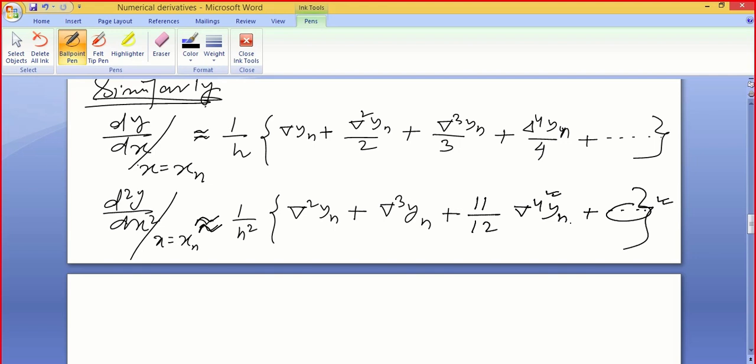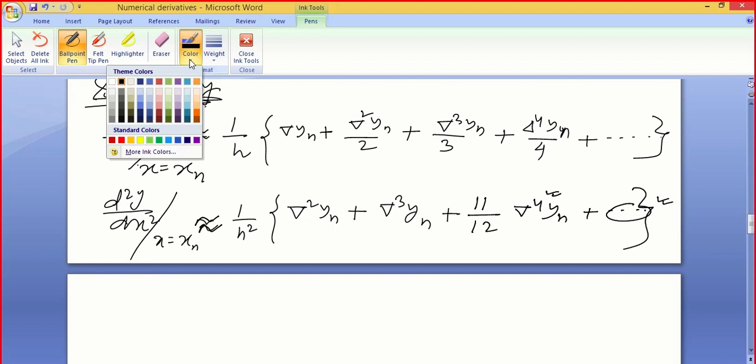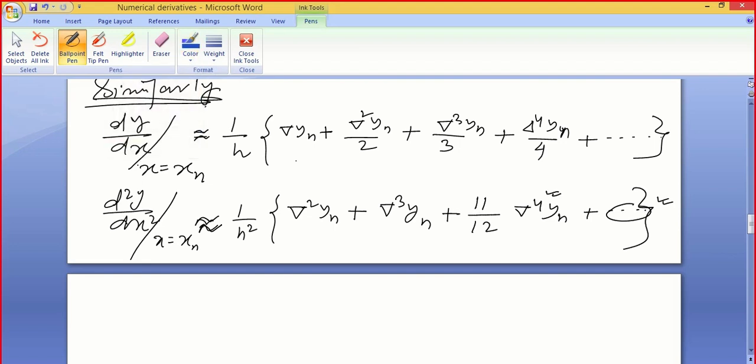Now, another thing I would like to mention. If a question is asked to you, first of all, tell me which are these values. These values are the lower diagonal elements in the difference table.